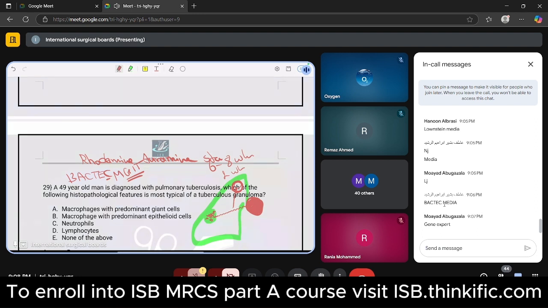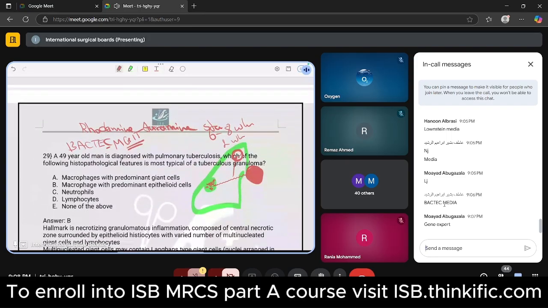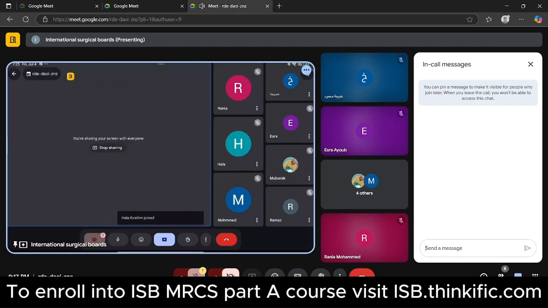That's called the interferon gamma release assay, right? I'm sure you've heard about that before. Is it clear now, hopefully?